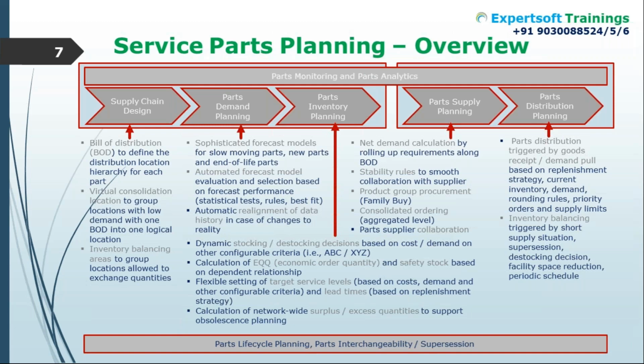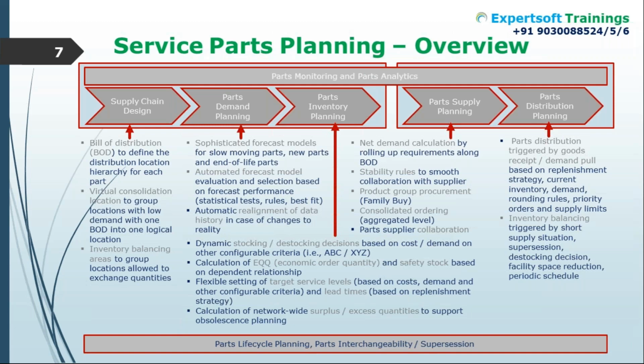So there are certain categories, we can say, into which the processes are developed. Supply chain design, parts demand planning, where all your forecasting and then automatic modeling, realignments take place. Then destocking, EOQ.